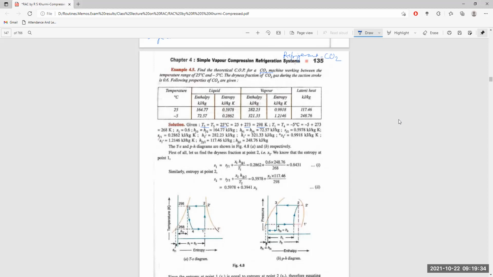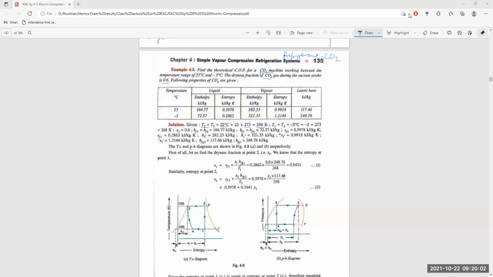Now, another thing that is given: the dryness fraction of CO2 gas during the suction process is 0.6.